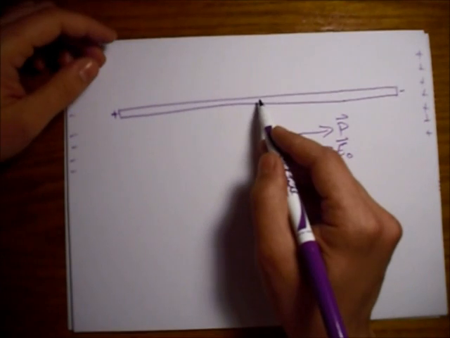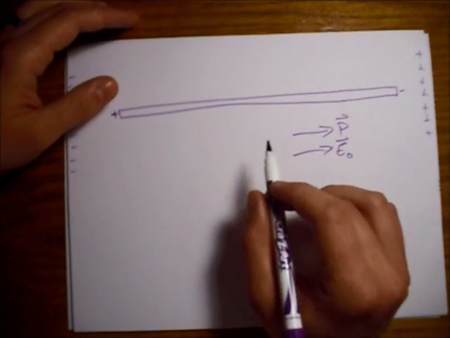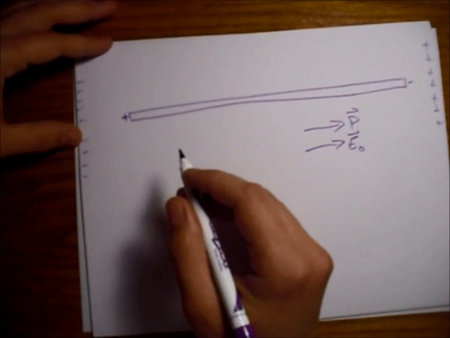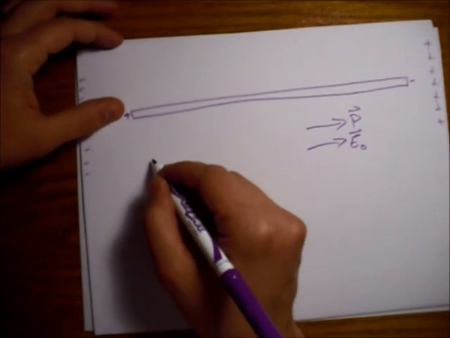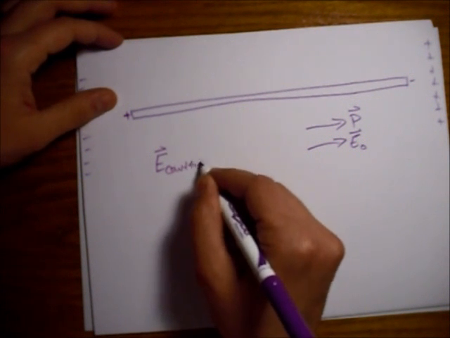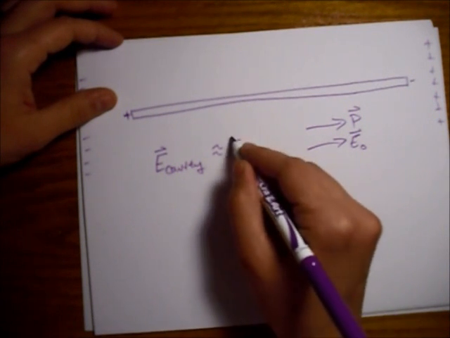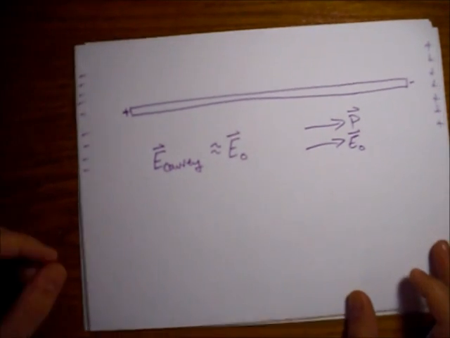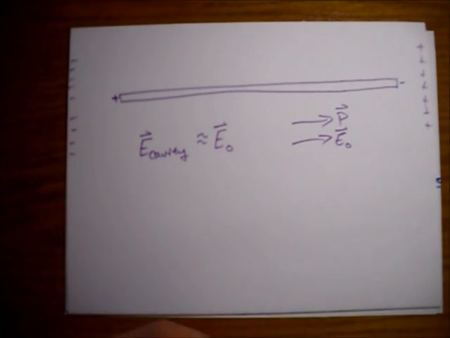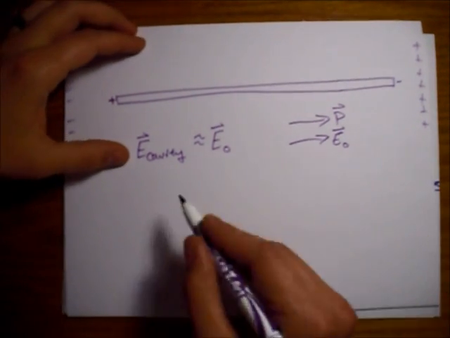They don't add much to the electric field. It's just a very small correction. So the E inside the cavity is about the same as the original electric field. This is the first part of the problem: what is the electric field inside this cavity?